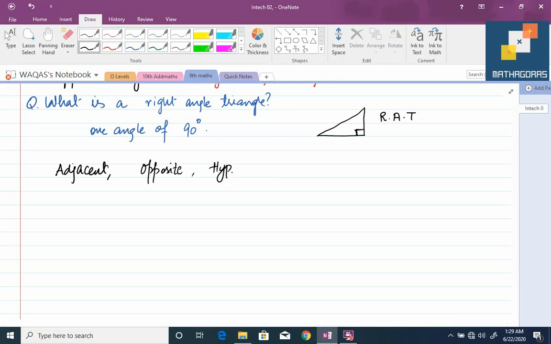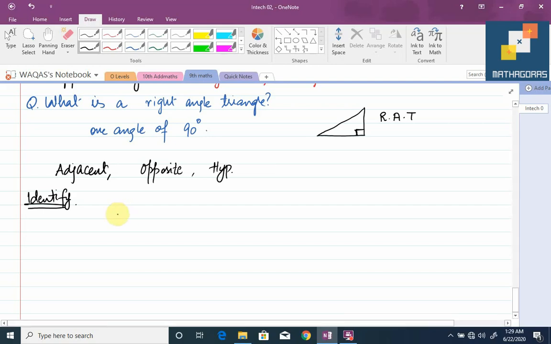It is very important for you that you can identify those sides. Identification of sides is very important, not in Pythagoras but in trigonometry, that is a further application of 90 degrees angle. Now how do we identify the sides?